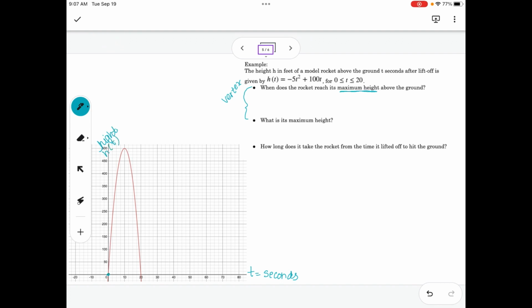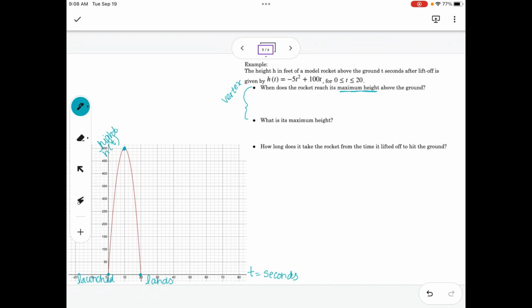And (0, 0) here is representing when it's launched, and then at 20 seconds represents when it lands. So we can actually think about how that rocket goes up and then comes back down. So we want to know this point here.